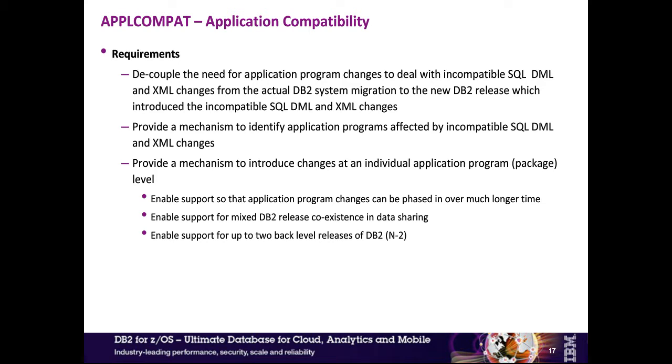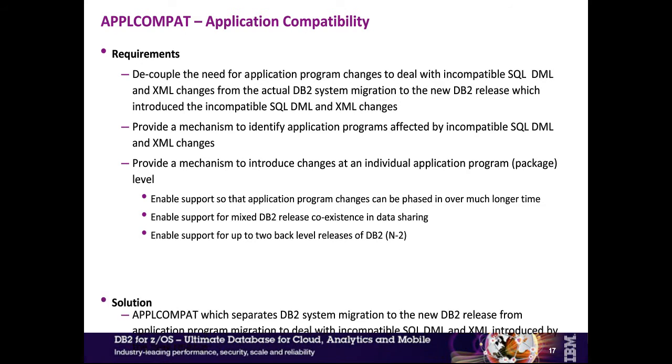Secondly, they asked us for a mechanism like a trace, which would identify those specific applications that were affected and which needed to be investigated. And thirdly, they wanted a mechanism whereby they could fix up these incompatible changes on a program-by-program basis, including in a mixed DB2 release coexistence in data sharing, and also enable support so they could phase in these changes over 2 releases of DB2.